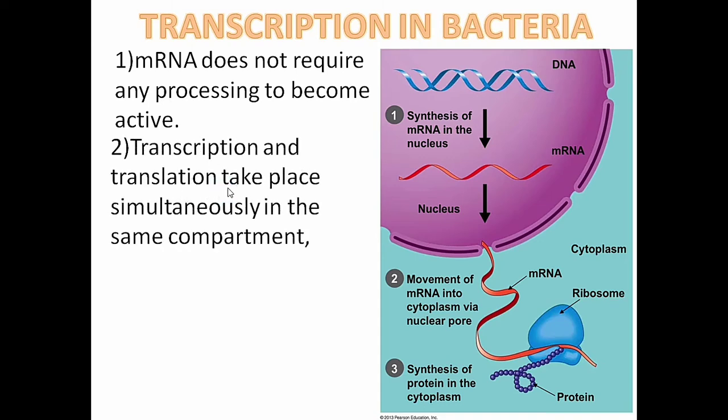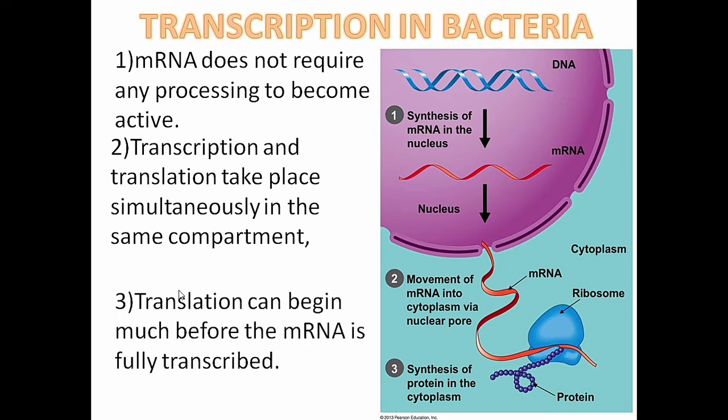Transcription and translation take place simultaneously in the same compartment in prokaryotes. We have already learned that in eukaryotes there is a separate place for transcription and translation. In prokaryotes, transcription and translation can occur simultaneously because both occur in the same compartment.